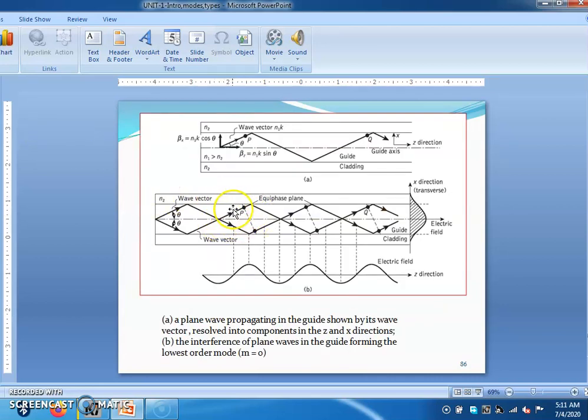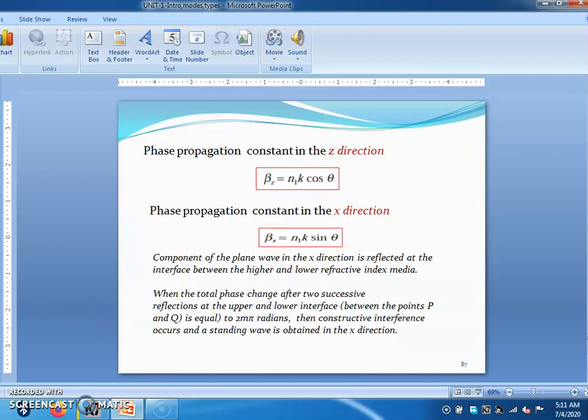This is the component of the wave, this is the interface. This is the core, this material has a high refractive index, this is the cladding region, it has a lower refractive index. It is reflected at the interface between the higher and lower refractive index media.